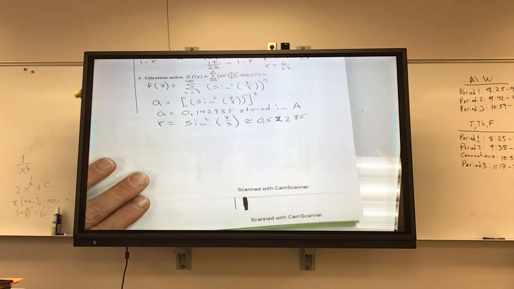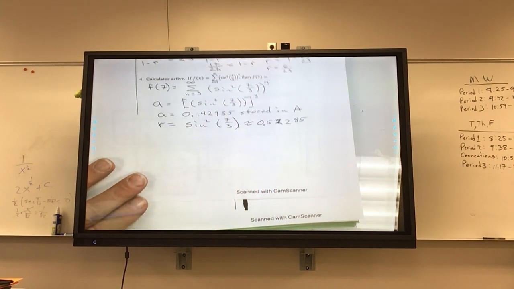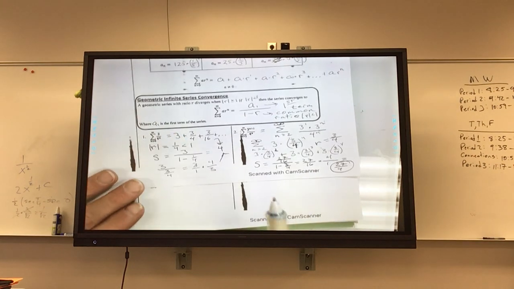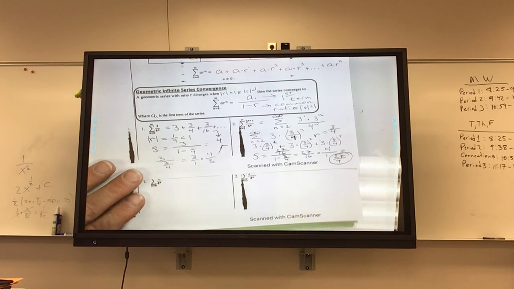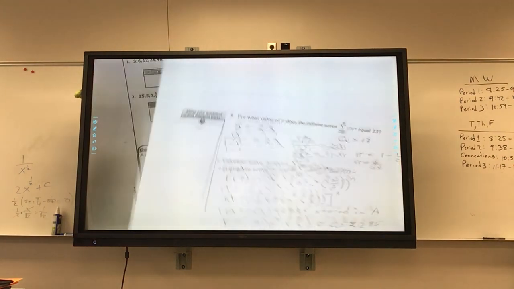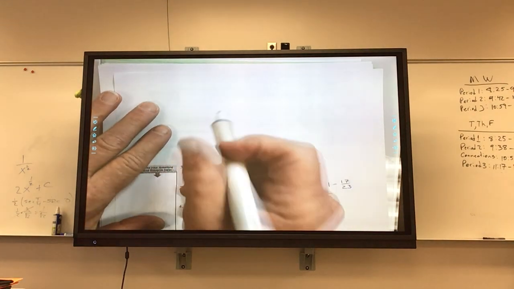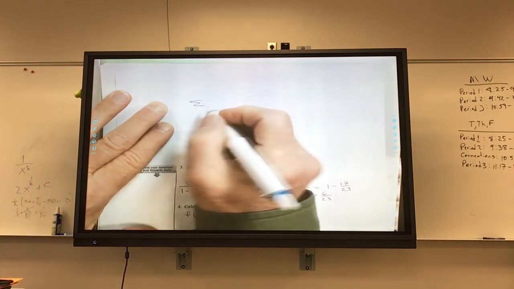Okay, so the formula on the other side, where it says A times R to the n, what if there was a constant in front of the sine? Whatever, that's a great question. Whatever the product is when you put your first value of n in there is the very first term. Let's say you have something that looks like this.